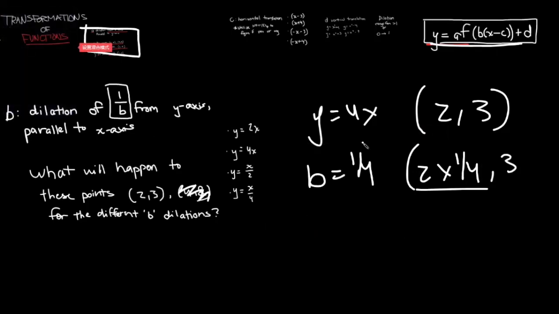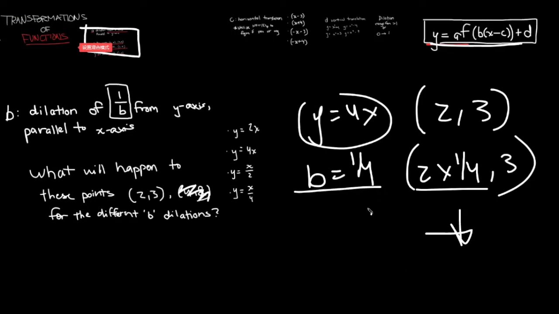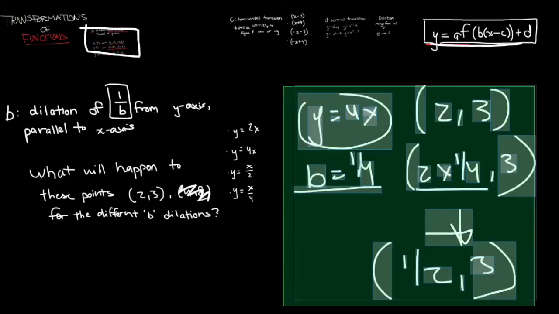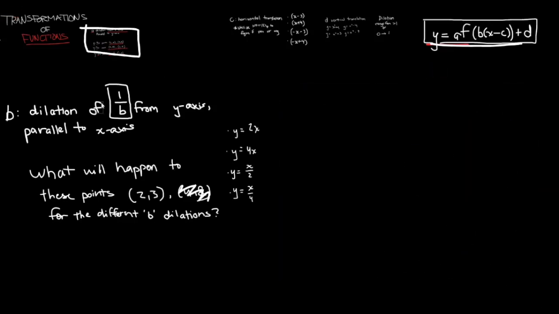But basically, after the transformation of y is equal to x over 4, where b is equal to 1 over 4, after putting it into the 1 over b formula, the newly transformed coordinates become 1 over 2 and 3. So these are new coordinates after transforming and dilating it with b.